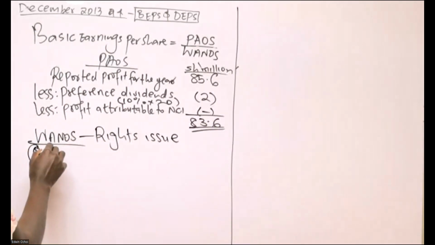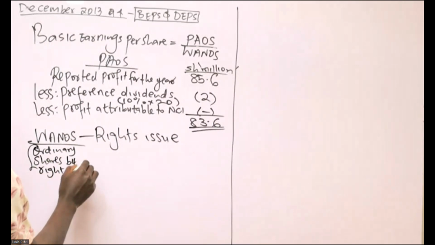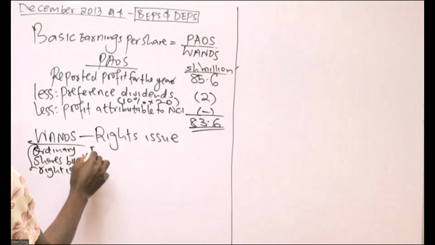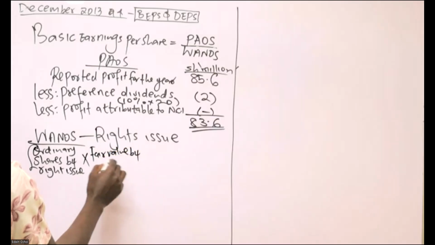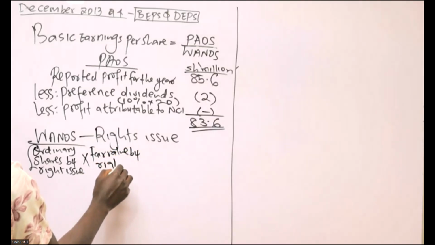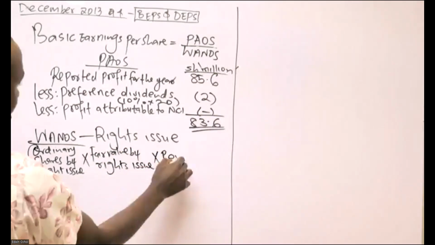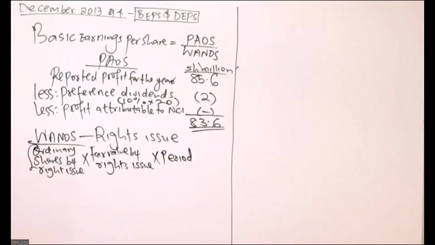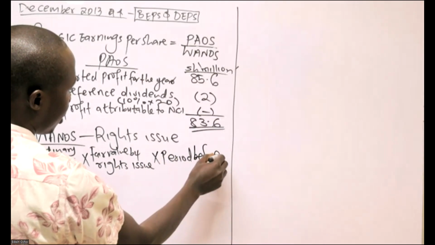We always say ordinary shares before rights issue, multiplied by the fair value before rights issue, times the period before rights issue.